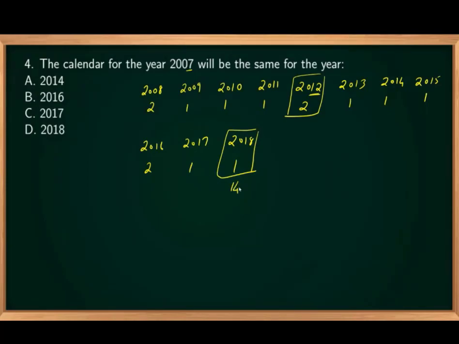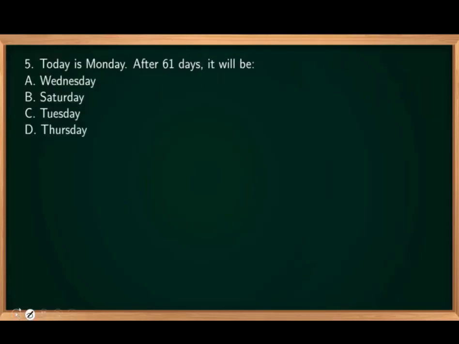So the calendar of 2007 is the same as 2018. In this type of question, we have to check whether the given year is a leap year or not, and take the answer like that. Okay, is it clear? Say yes or no? Okay, then we can move to the next question.